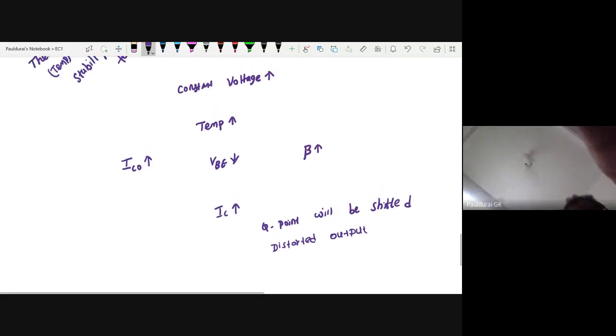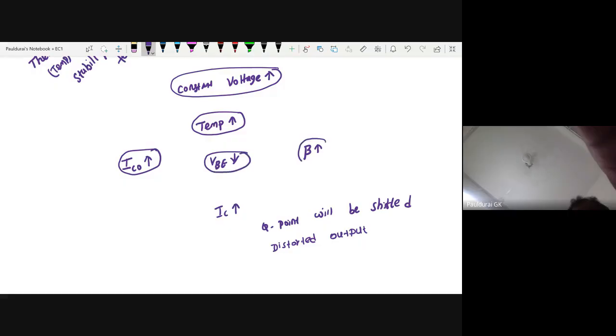Now make this a flow chart. First constant voltage, and we are increasing the voltage, temperature increases. When temperature increases, three transistor parameters are changing. Because of these three parameters, IC increases.